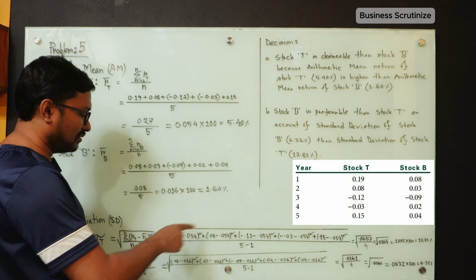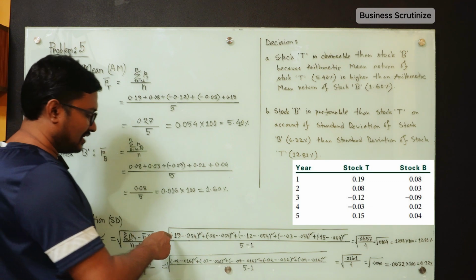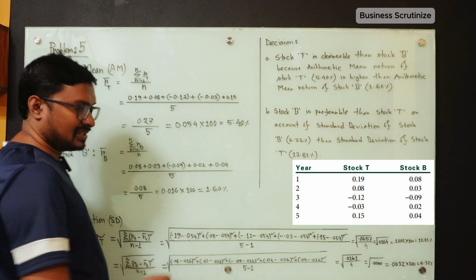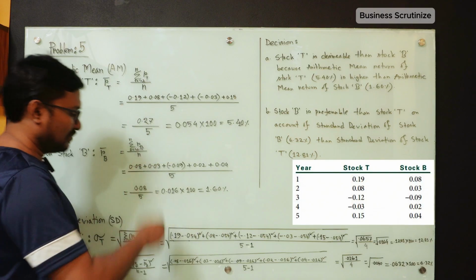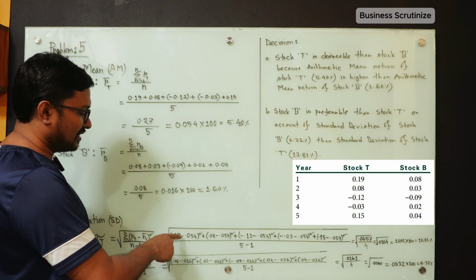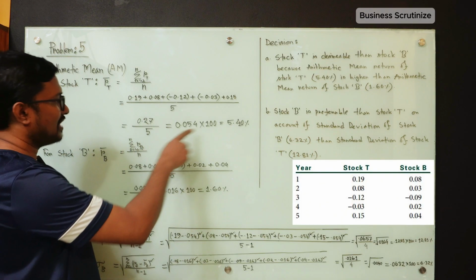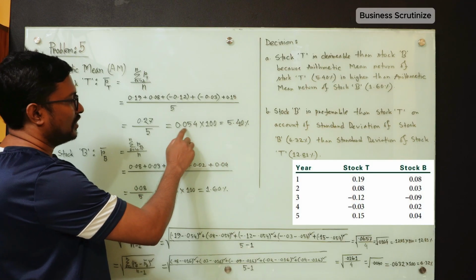So we take the whole root of the data. Here you can see 0.19 is the first year's return, and we subtract the mean return. For T the mean return is 0.054.